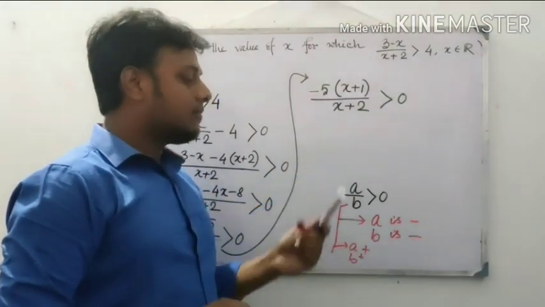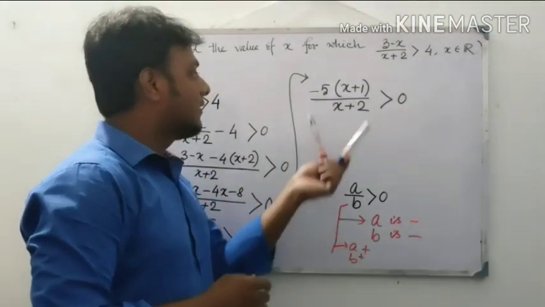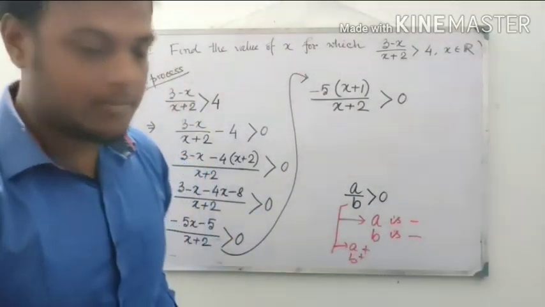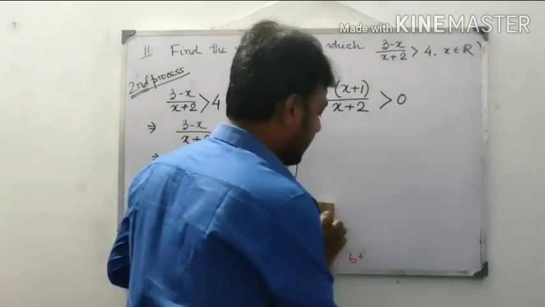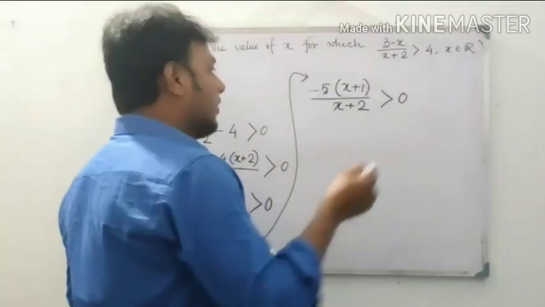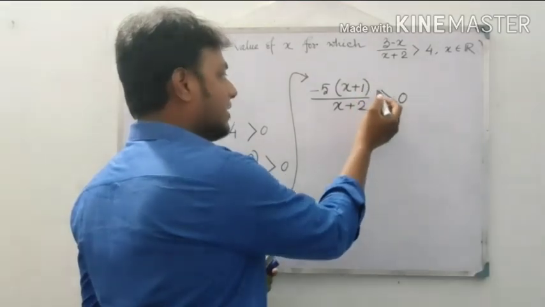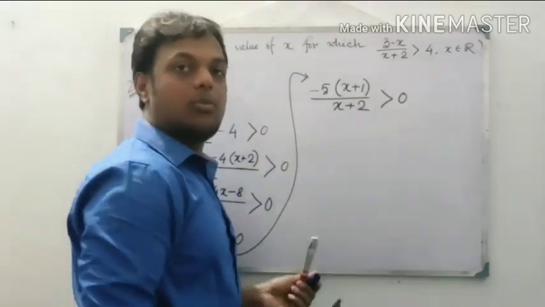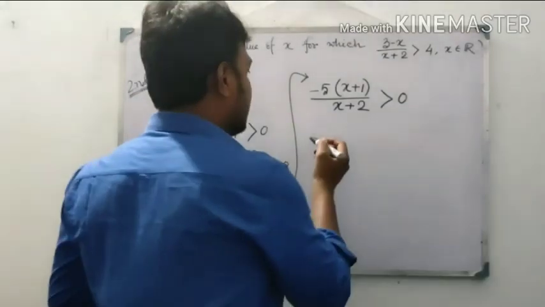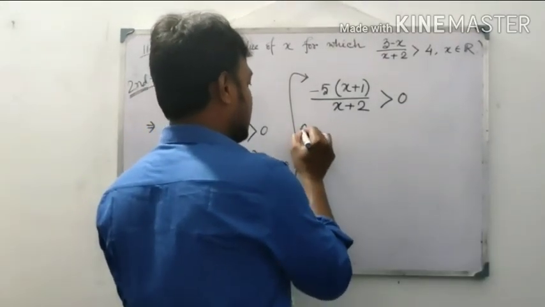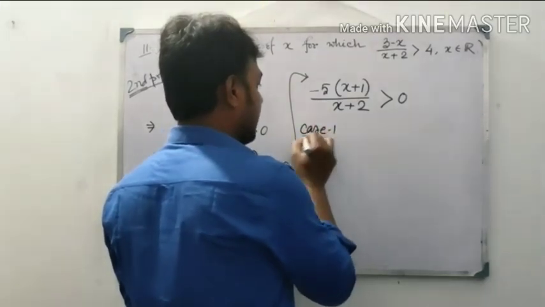Here this is what? This is greater than 0. So what we can conclude from this line is that the fraction is positive. So numerator and denominator both positive, or numerator and denominator both negative. If you consider these two cases, case 1, what?